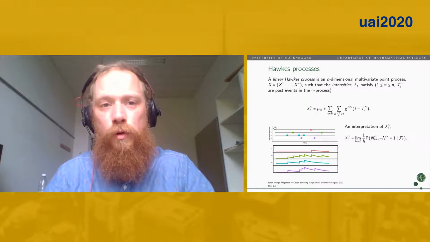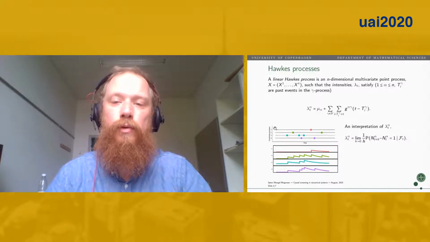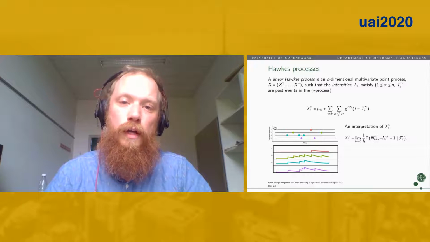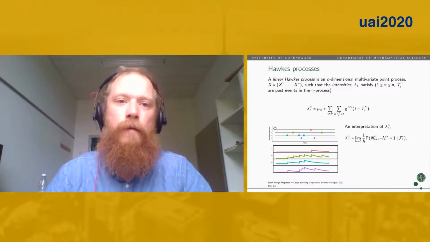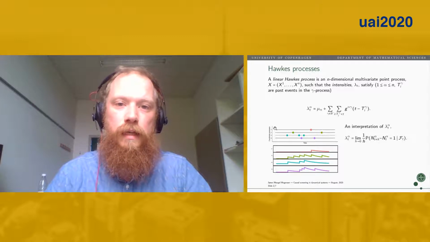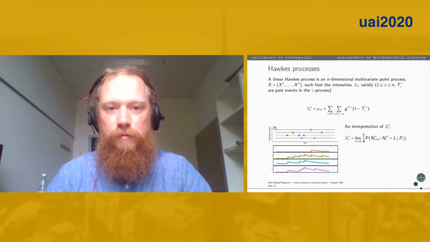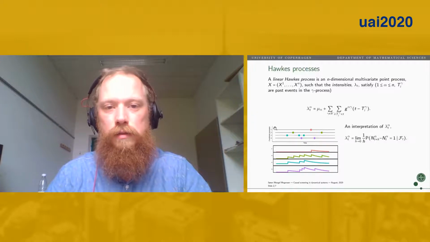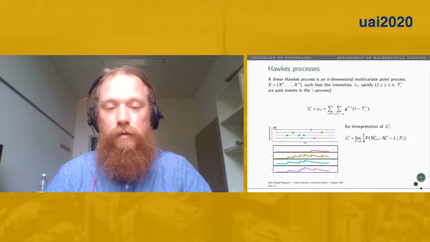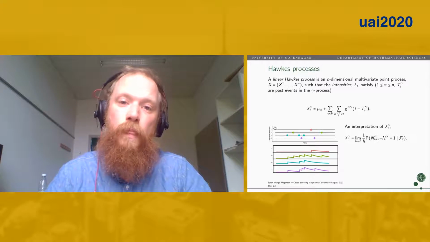And a Hawkes process is then a point process with a particularly simple type of intensity. So for each coordinate process alpha, the intensity is essentially this linear filter. So we have a non-negative constant mu. Then we have a sum over all of the coordinate processes, where V is the index set of the coordinate processes.